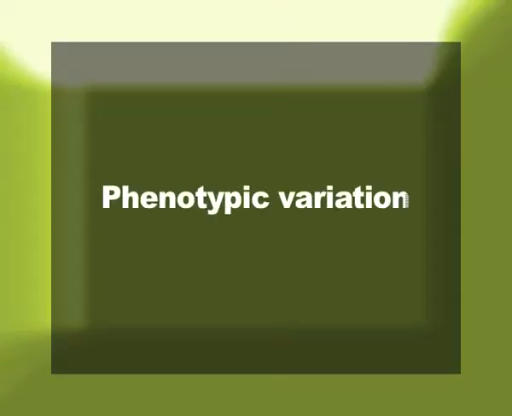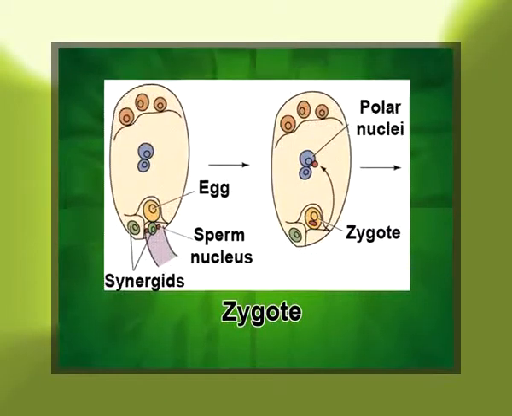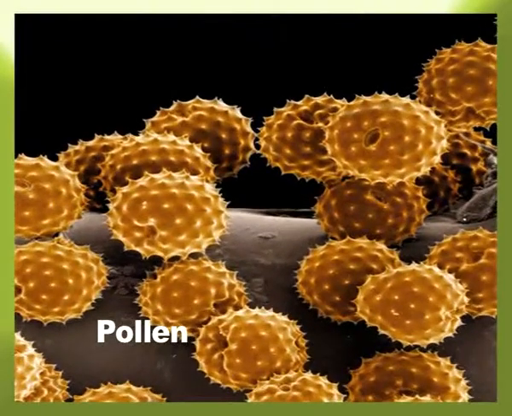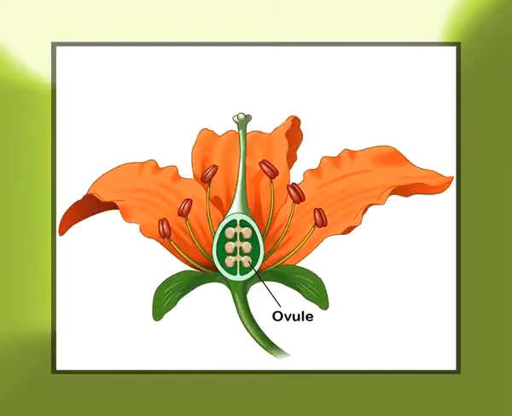Number 2, phenotypic variation. Most duplications have no phenotypic consequence, but large duplications of chromosomal material lead to gene imbalance that may be lethal to a zygote or even, in the case of plants, to the pollen or ovules that carry them.